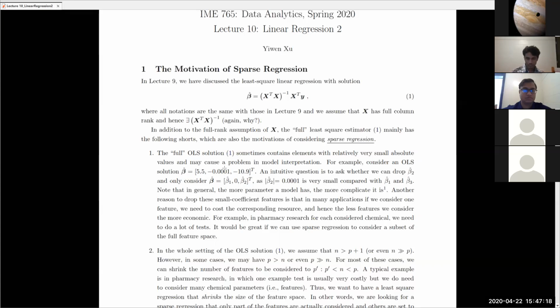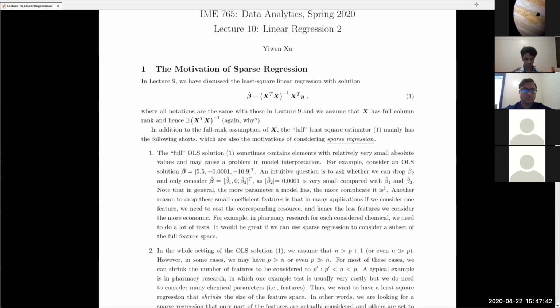And clearly, if we have a smaller X size, then the problem is going to be smaller. This is very clear because of the operations here, right? So this is the very first motivation: if the absolute value of some solutions is very small compared with other beta j's, then I may want to ignore it, or let's say drop it.